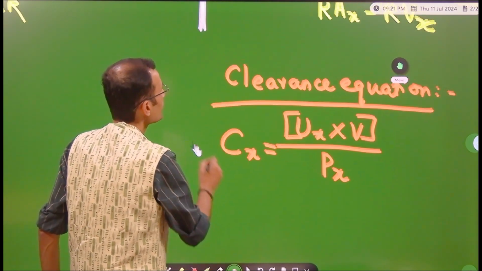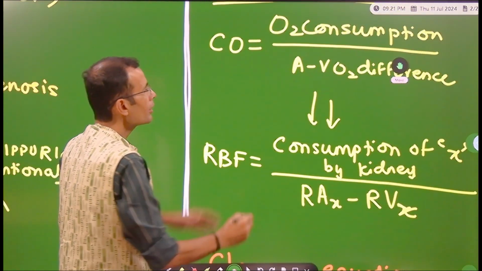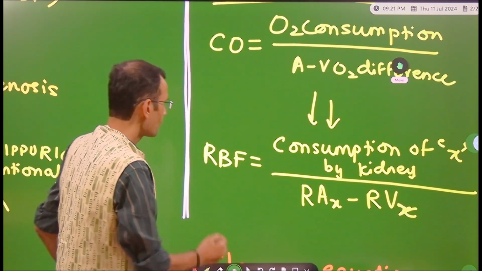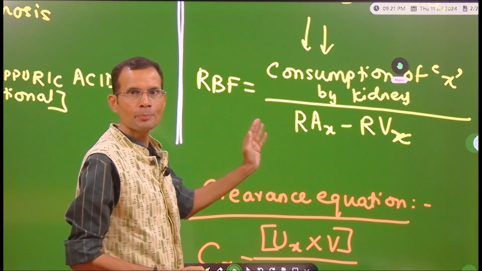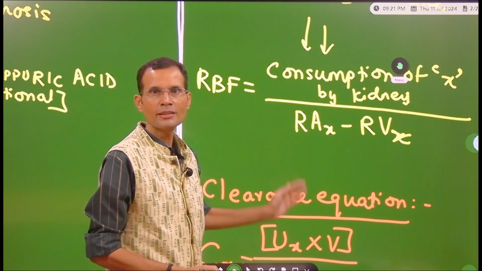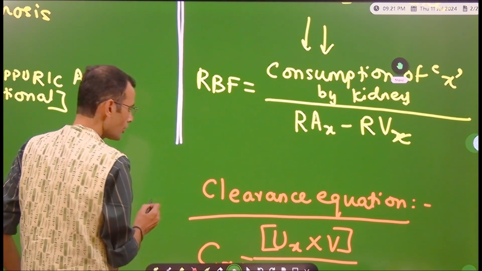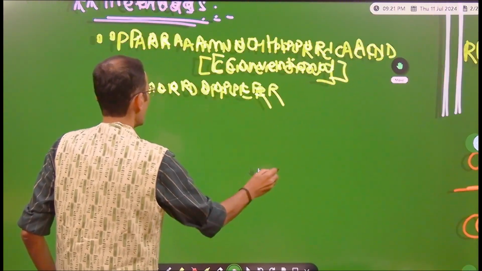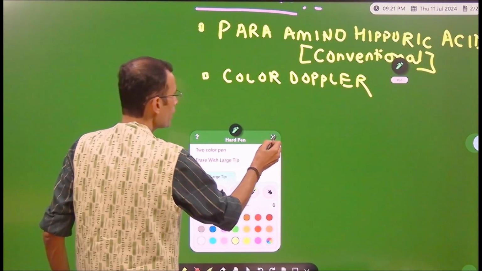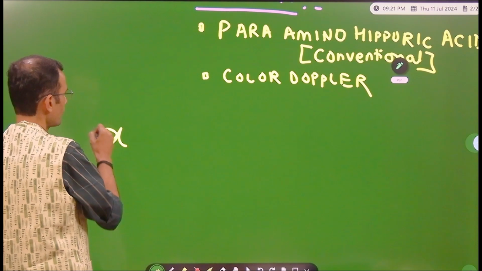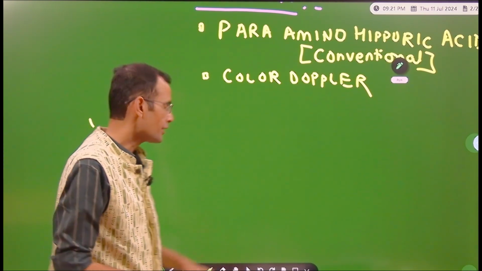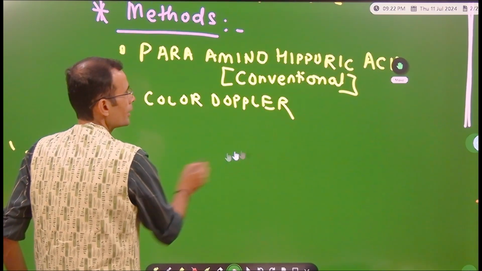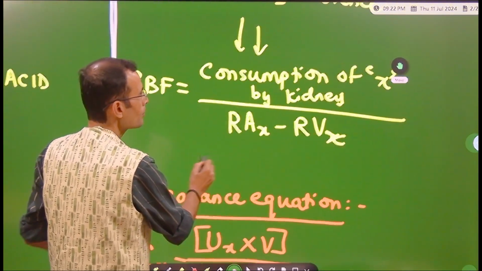Now, coming back to our original Fick's equation, we have renal blood flow measured by these three things first to be measured. So, we are looking at such a substance X which has to have three properties. Let's go one by one.